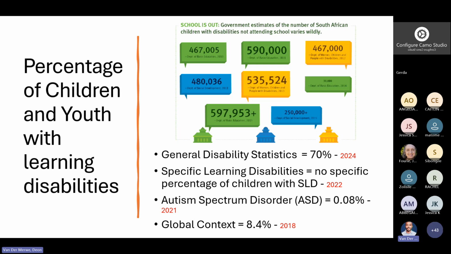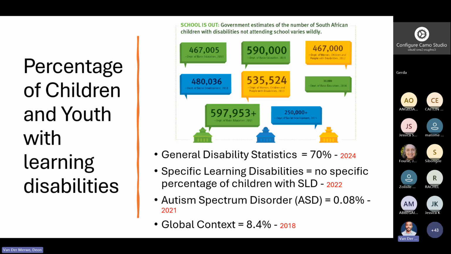And then we also have the global statistics that are out there, which have identified about 8.4% of children under 5 years old who have been diagnosed with developmental disabilities. And while this gives a broad sense of the issue, it's not specific to learning disabilities or the South African context.